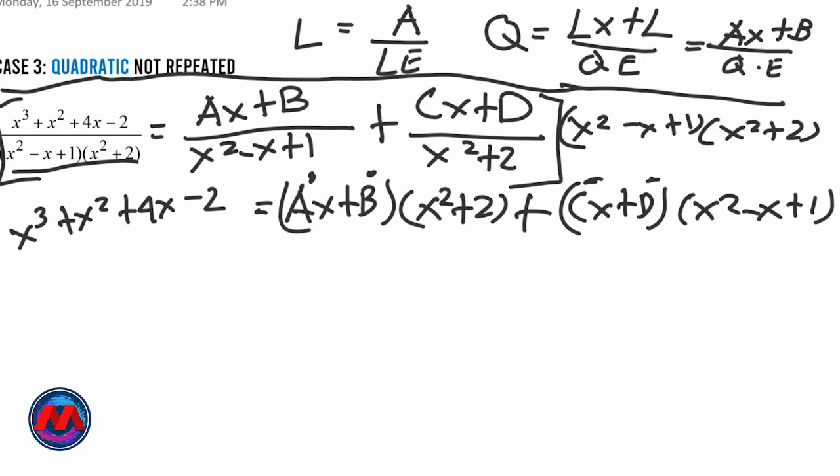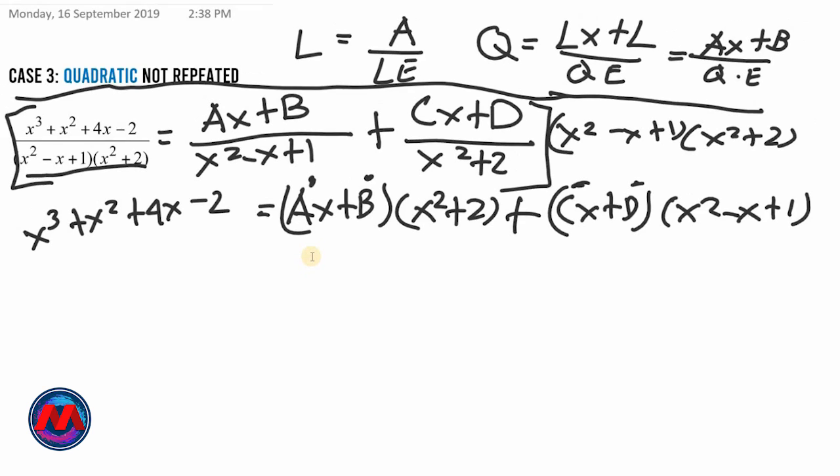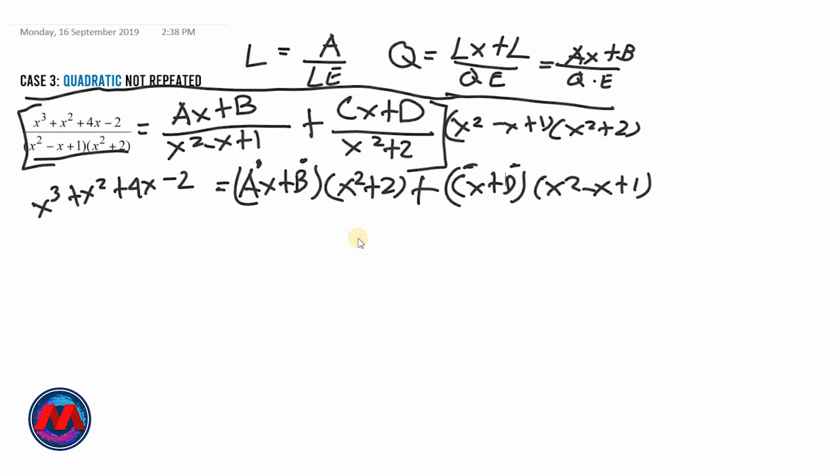Systems of linear equation. So, kailangan nating humanap ng mga equations out from here. So, para magawa yon, kailangan nating expand itong buong equation. So, expand natin yan, mahaba-haba. Palitin natin ng konti para may space tayo. Ito magiging x raised to 3 plus x squared plus 4x minus 2 is equals to. Alright.